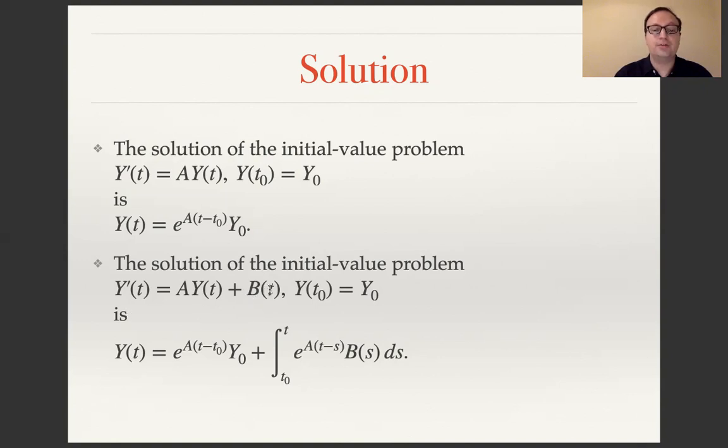And if there's a source term as well, so if the equation is y prime is A y plus b with the initial condition y of t0 is equal to y0, then the solution is y of t is equal to e raised to the power A times t minus t0 y0 plus the integral from t0 to t of the exponential of A times t minus s applied to b of s and then integrated as a function of s.